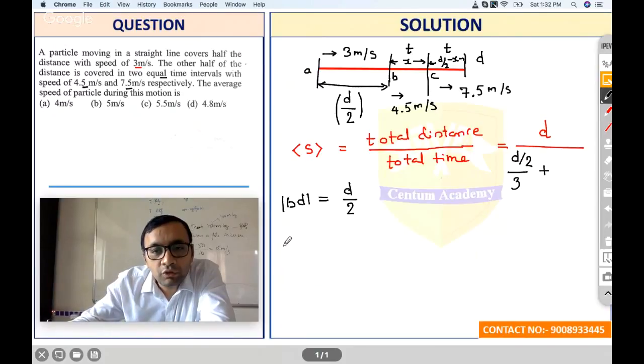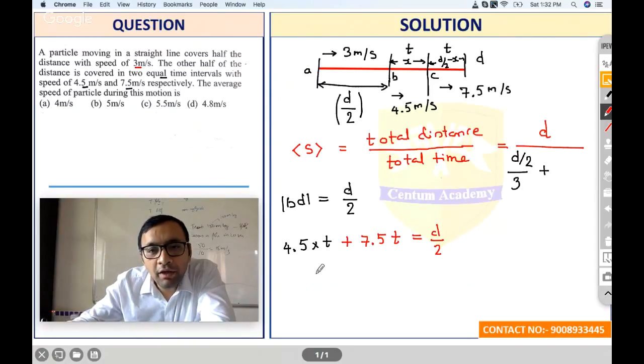So the distance, you can write as 4.5 into t plus 7.5 multiplied by t. This should be equal to d by 2. From here, you'll get the value of t.